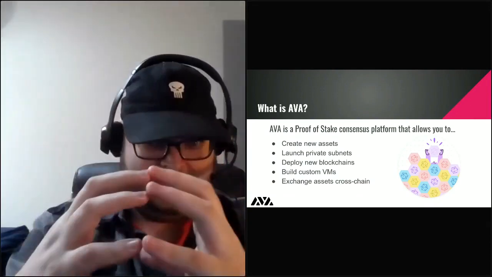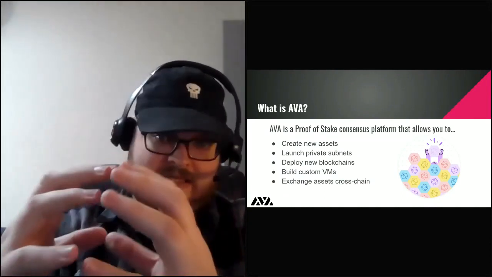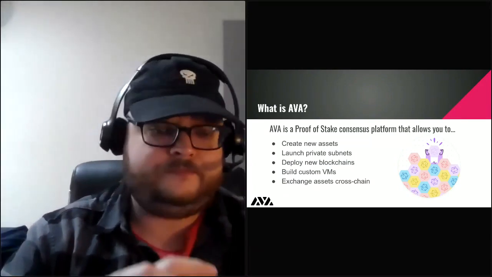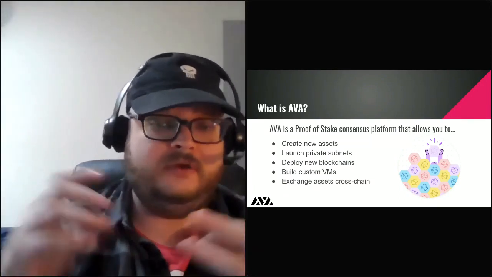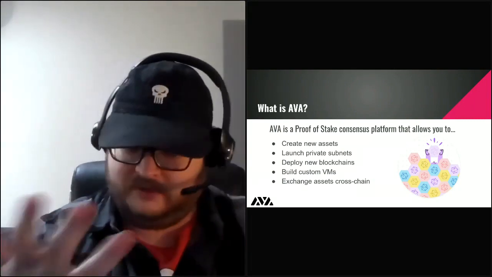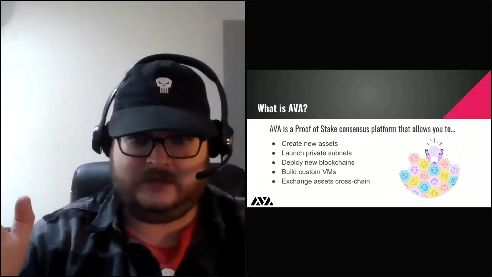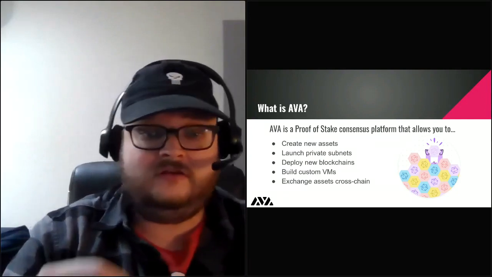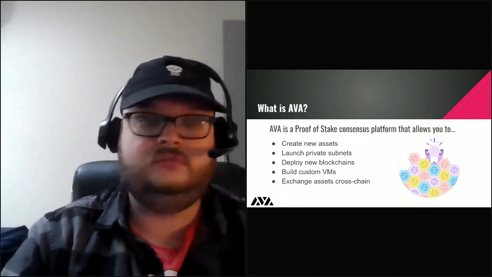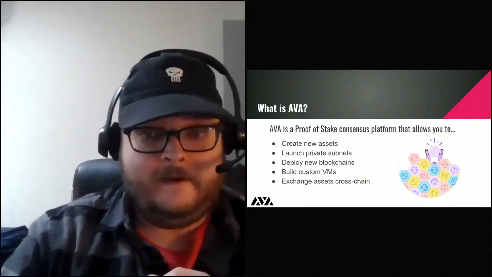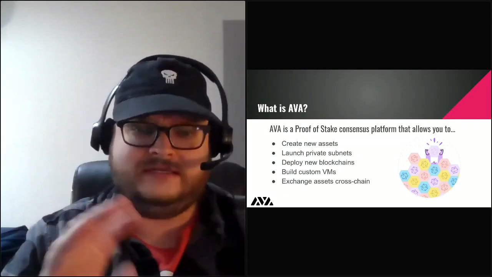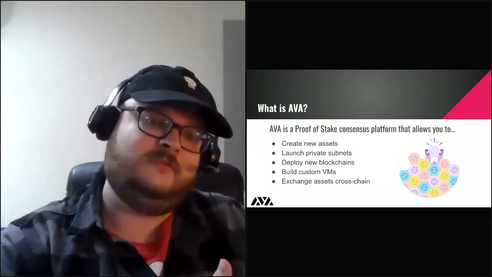So you can say, these are my friends, and they will validate these chains that I have. You can define those rules how you like. And you can build your own custom virtual machines, so you can create a data structure independent of blockchains and DAGs and all the traditional things we hear about, powered by consensus. You could use that to maybe do, I don't know, log maintenance or something like that. There's a lot of interesting stuff you could do when you have that granular level of control over the data, separate from the consensus mechanism.